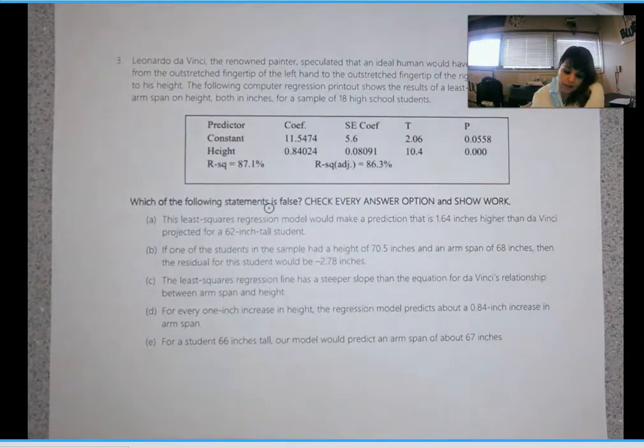So the setup is that Leonardo da Vinci speculated that an ideal human would have an arm span that was equal to their height. So arm span is this distance from longest finger to longest finger. He's saying that an ideal human, their height would be the same as their arm span.